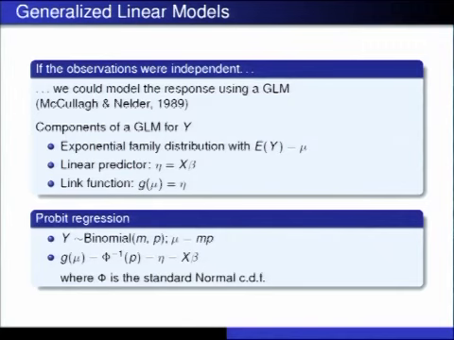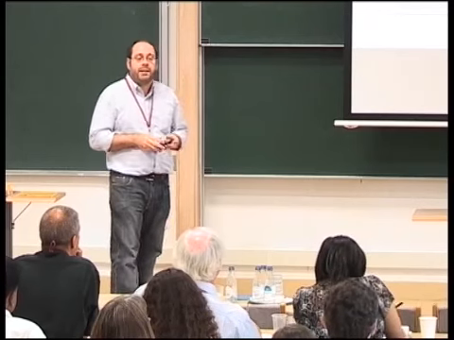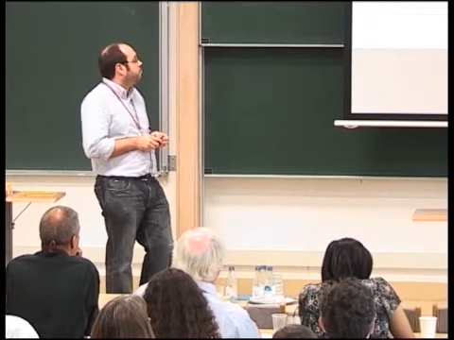So if we just take a step back, if we didn't have that correlation structure, we didn't have our blocks, then we could use a GLM to try and analyse our experiment. So basically a GLM has 3 components. Y follows a distribution from the exponential family. We have a linear predictor and a link function which relate our explanatory variables through to the mean of this exponential family distribution.